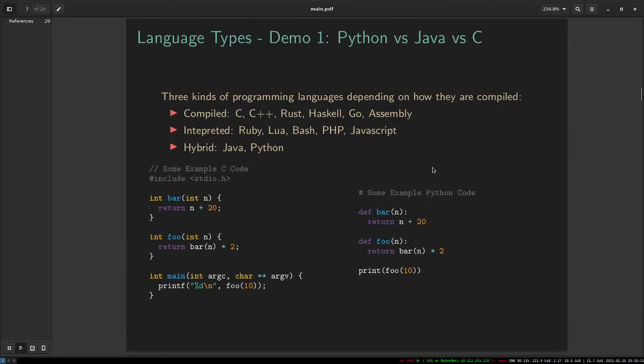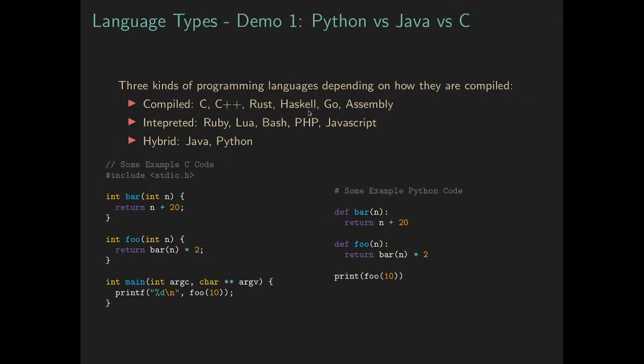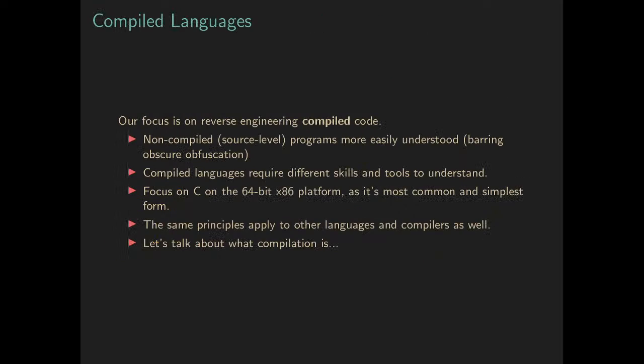But we are actually going to focus on the first type, the compiled class of languages, because the other two are usually more trivial when we're reading and trying to reverse them.